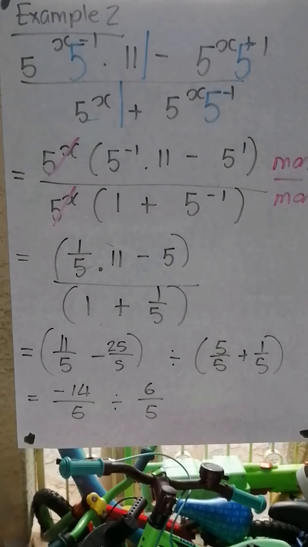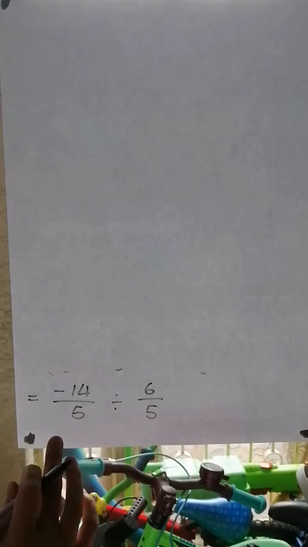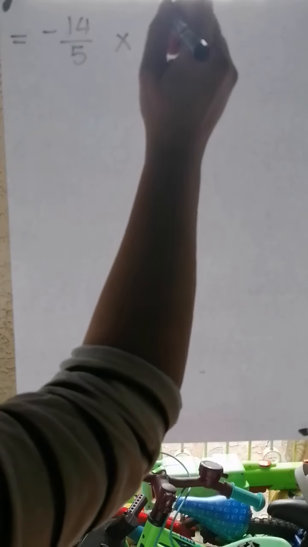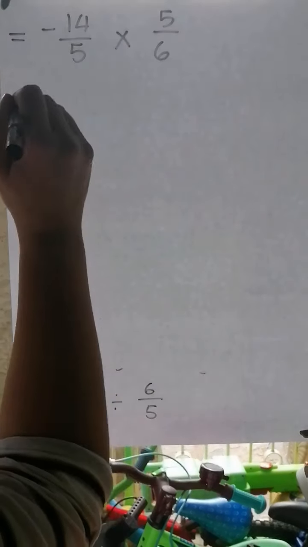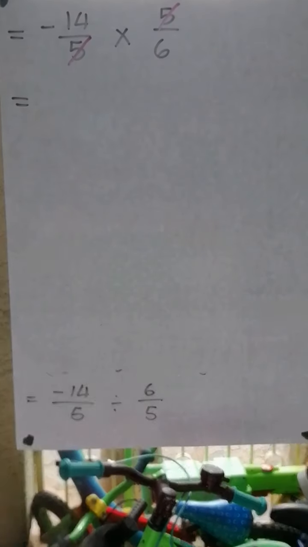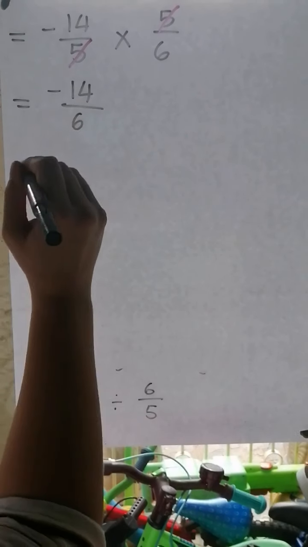Okay, I know my rules for division. Coming right up to the top. Okay, I'm just rewriting this as negative 14 over 5 times, tip and times, 5 over 6. Monomial over monomial, so I can cancel. Those things cancel, and I'm left with negative 14 over 6.